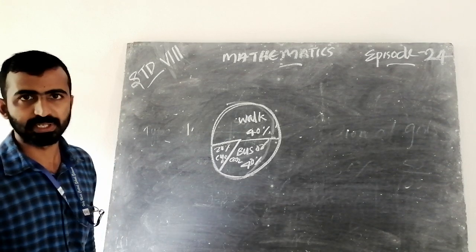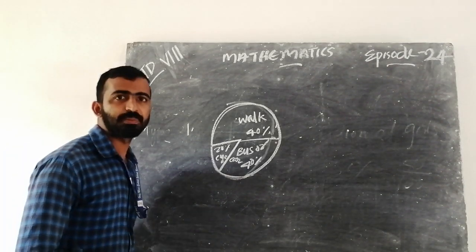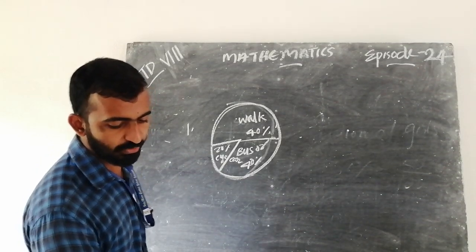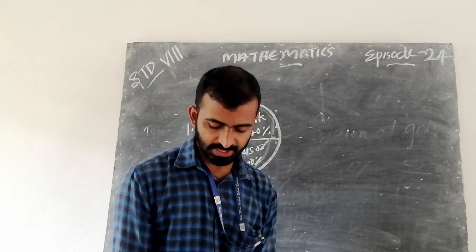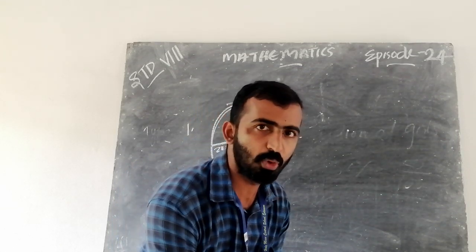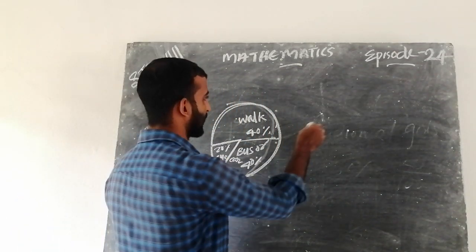We want to find the fractions, that is, the fraction of walking, the transportation fractions. First we use the cycle. We are going to find the fraction of cycle.